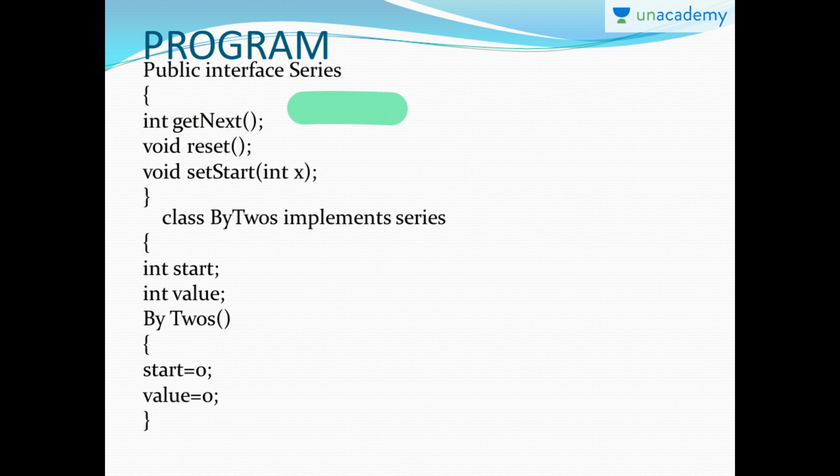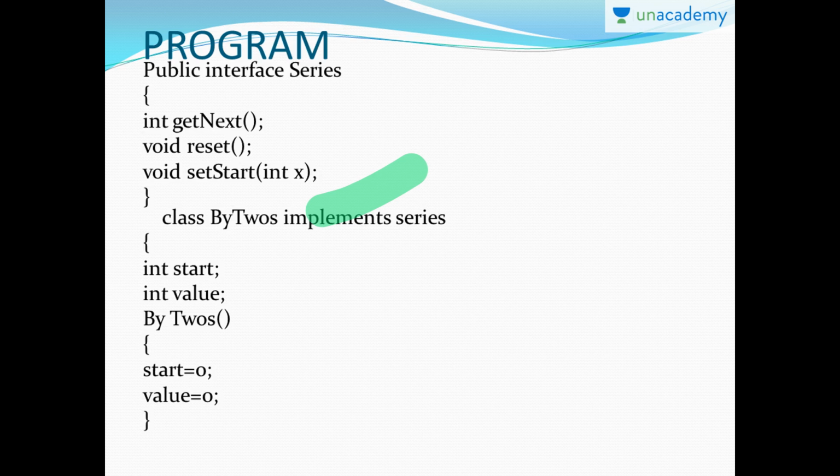Series is the interface name which I have given, because I'm creating a series, right? Then next we have three methods: get next, reset and set start. These three are the abstract methods. Since an interface is already abstract, we do not need an abstract keyword.